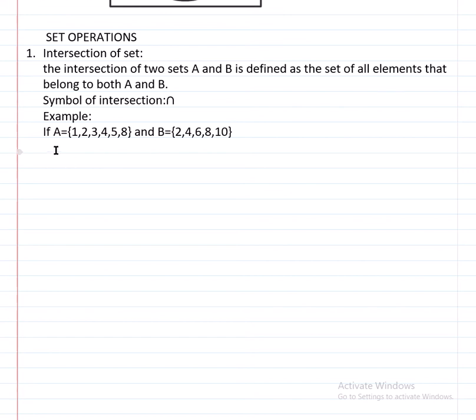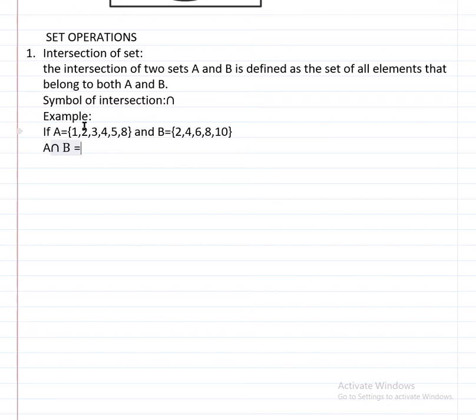We say that A intersection B equals what? Let's look at it.